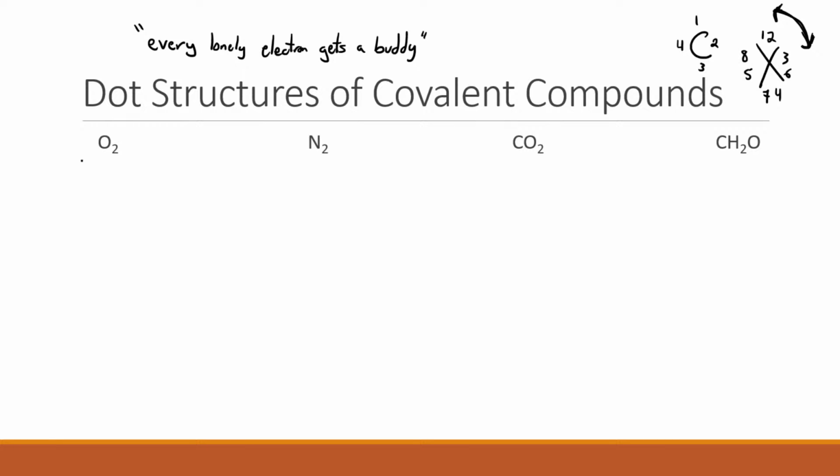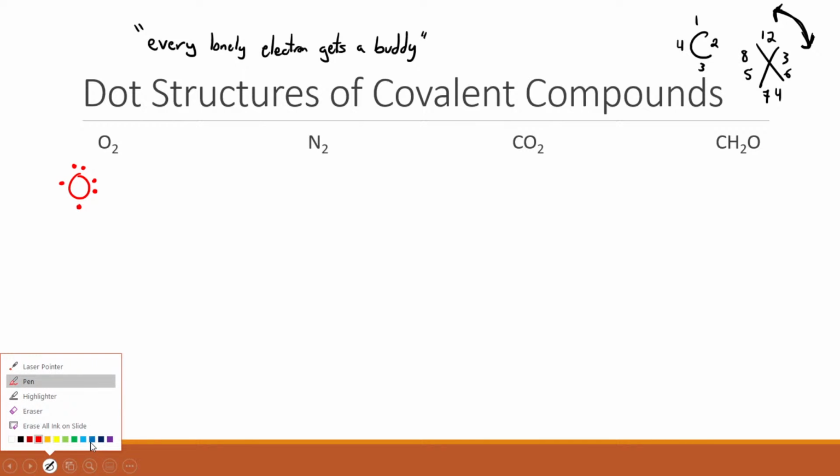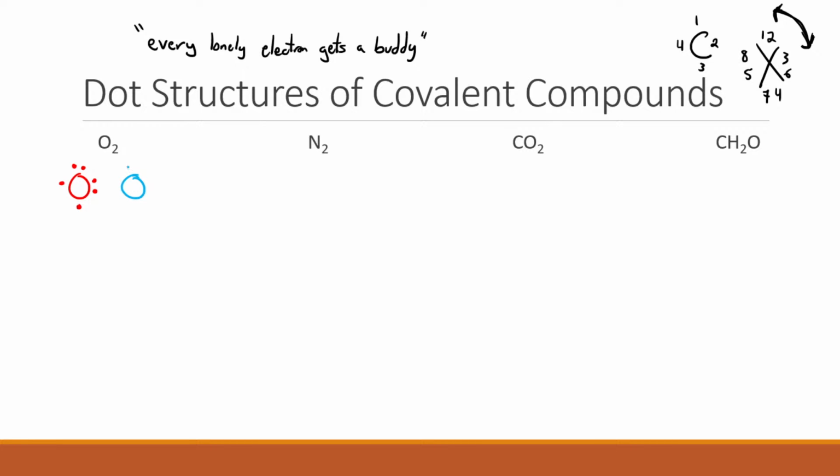And so with that, we're going to tackle O2, the oxygen that you breathe in every day. Oxygen has 6 valence electrons. And so we're going to draw it twice. We're going to mark off our lonely electrons.